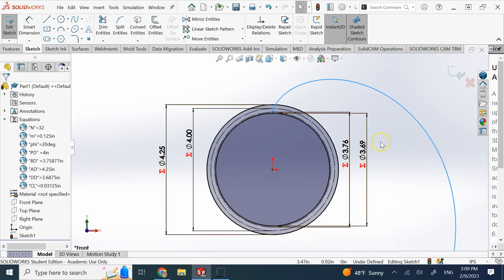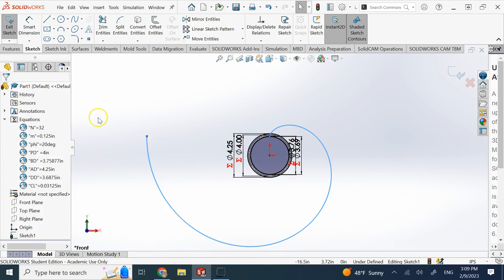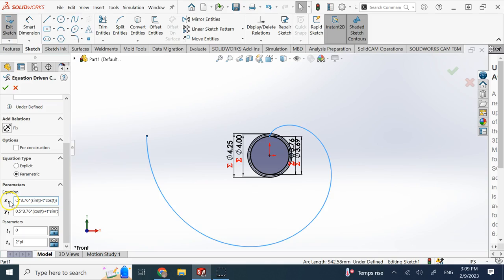And you see that is the involute curve, right? Now, of course, this is a giant involute curve, right? And remember, if I go back to my equation-driven curve, when t is 0, sine t minus t cosine t is going to be all 0, and then cosine t plus t sine t is going to be 1.